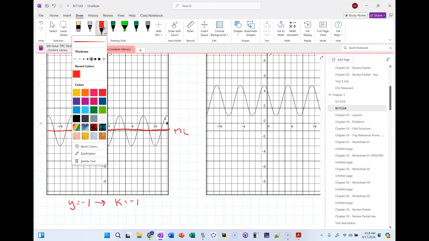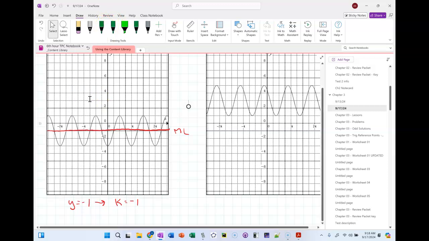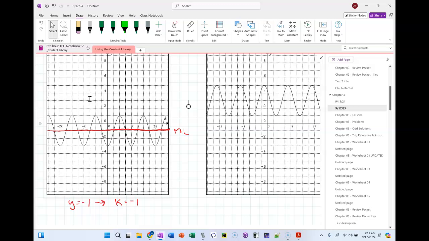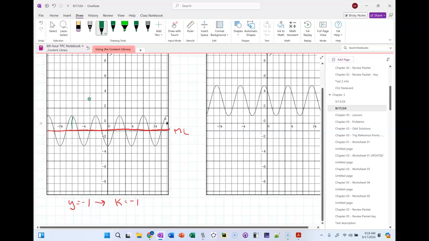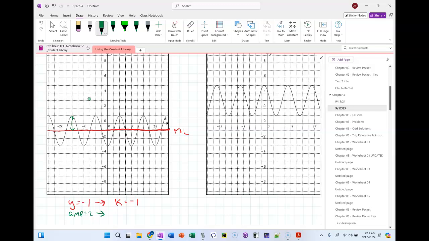All right. Who can tell me the amplitude? What was that? I heard 2. Thanks, Paige. Yeah, so if we look at the distance from the midline to any extrema, we start at -1 and we end at +1. So that tells us our amplitude is 2, which tells us about which constant, A, C, or H?